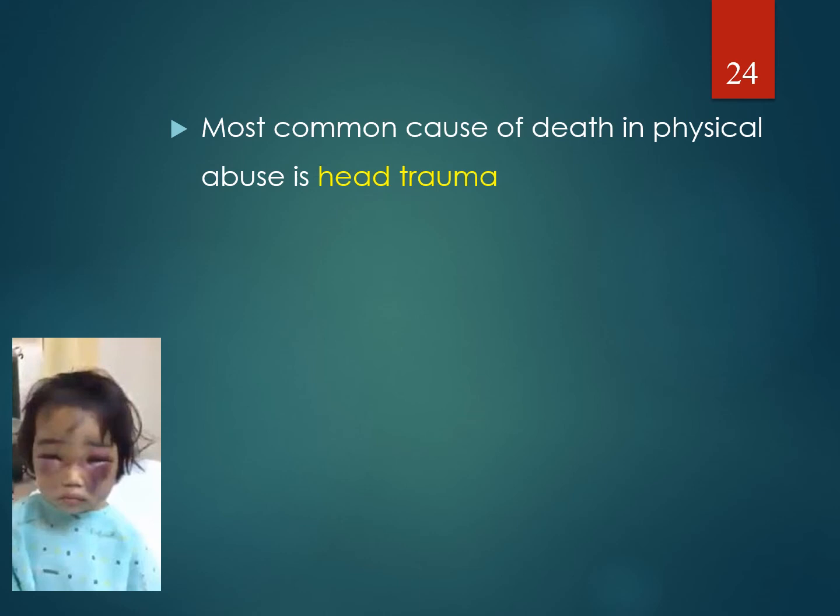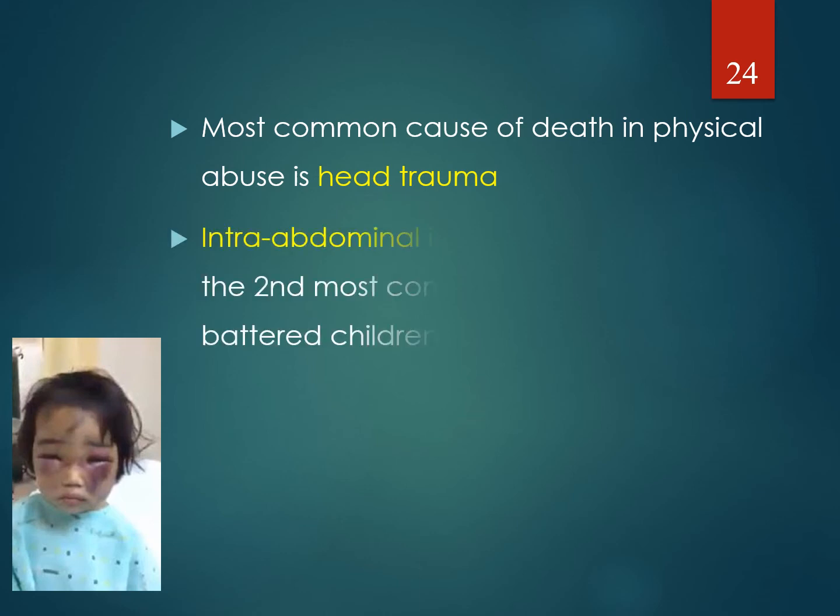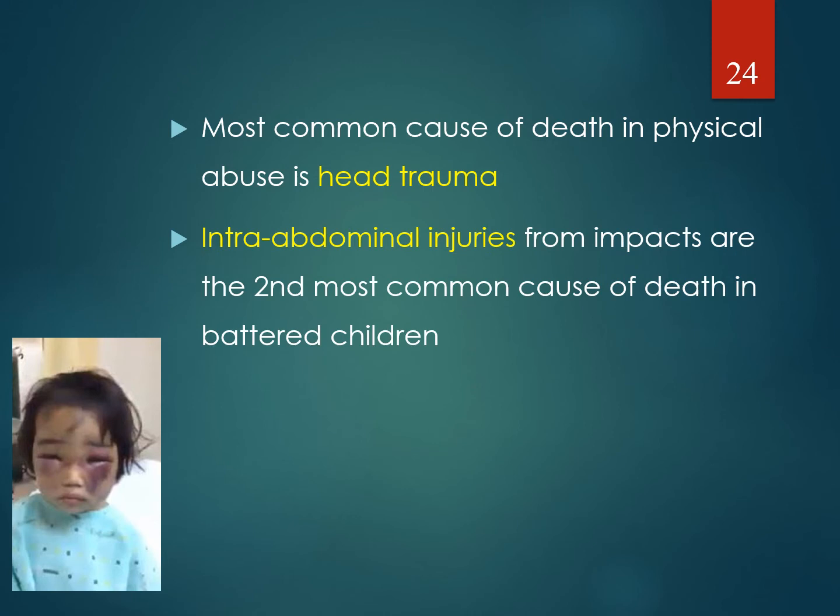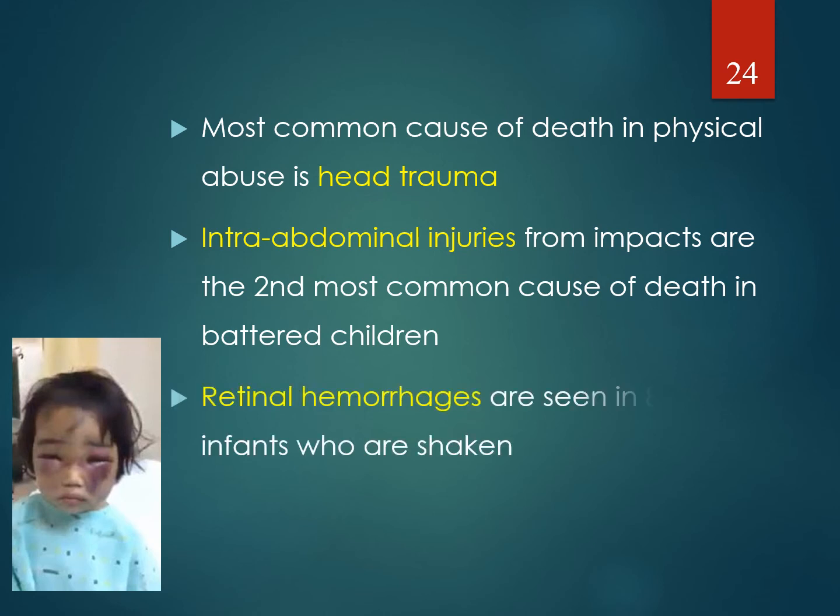The most common cause of death in physical abuse is head trauma. Okay, intra-abdominal injury follows, which is the second most common cause of death in battered children. Retinal hemorrhages are usually seen in 85% of infants who are shaken.